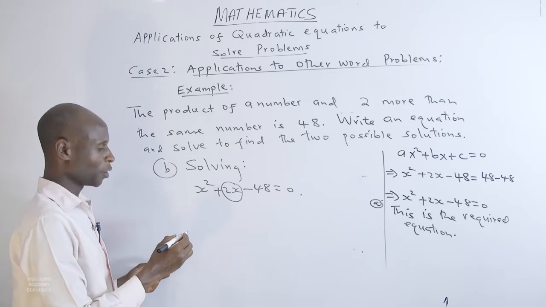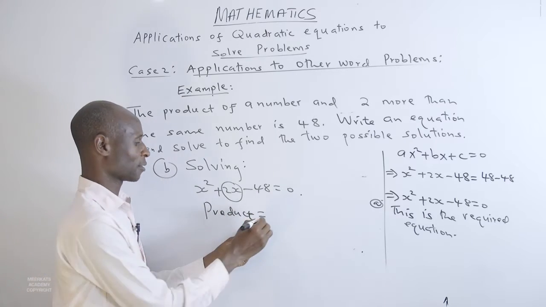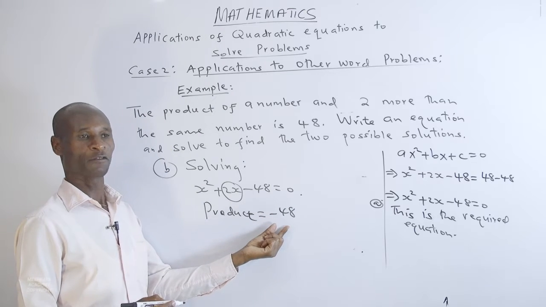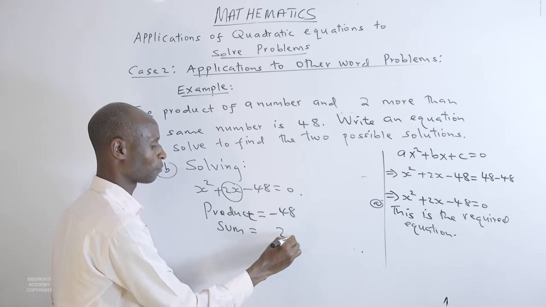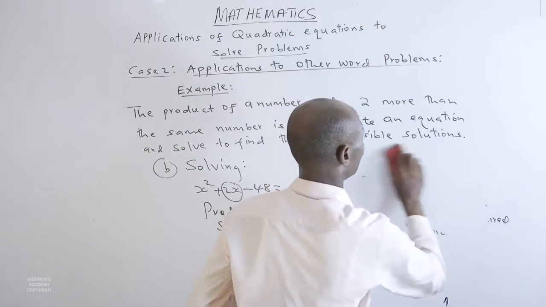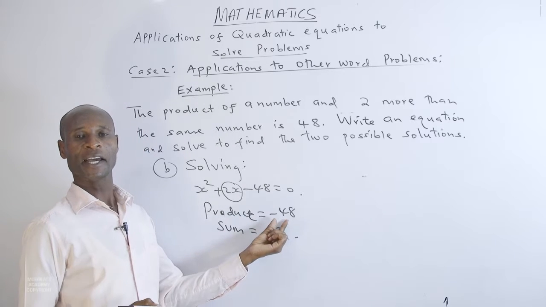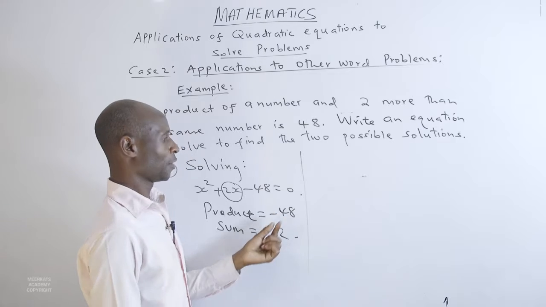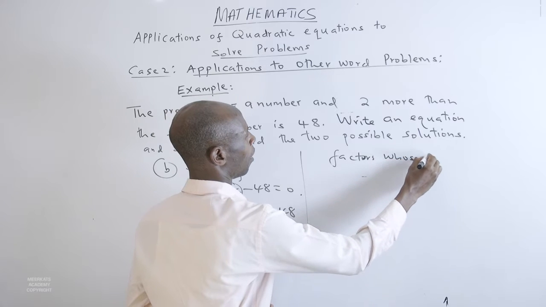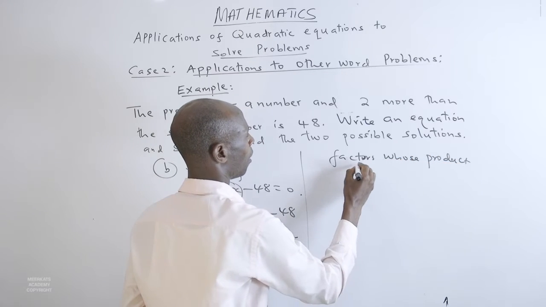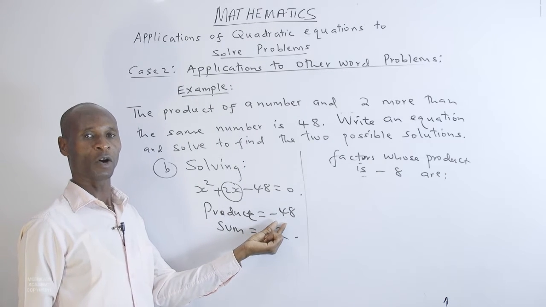So by inspection, we need to get two numbers whose product is negative 48, and the sum of those two factors should give us 2. What are these factors whose product is negative 48? To find them, we use inspection or trial and error.